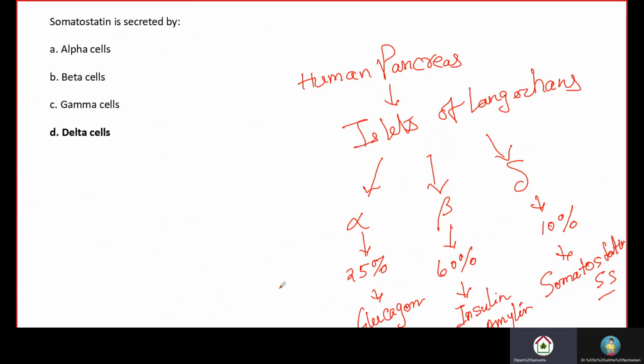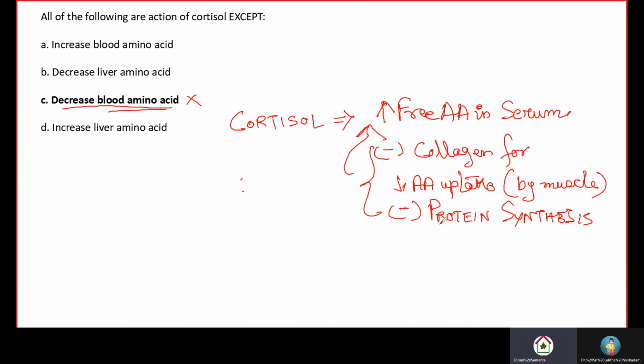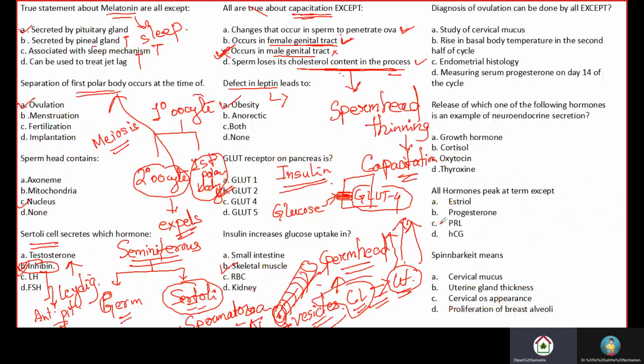Here GLUT2 is present in the beta cell islet. So which GLUT is present in pancreas? GLUT2. Next is GLUT3. GLUT3 is present in placenta, kidneys, many other organs, brains.